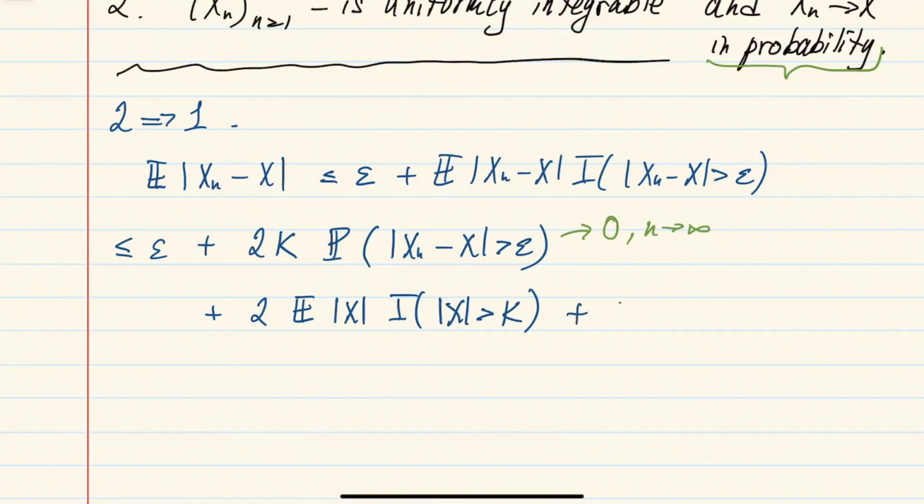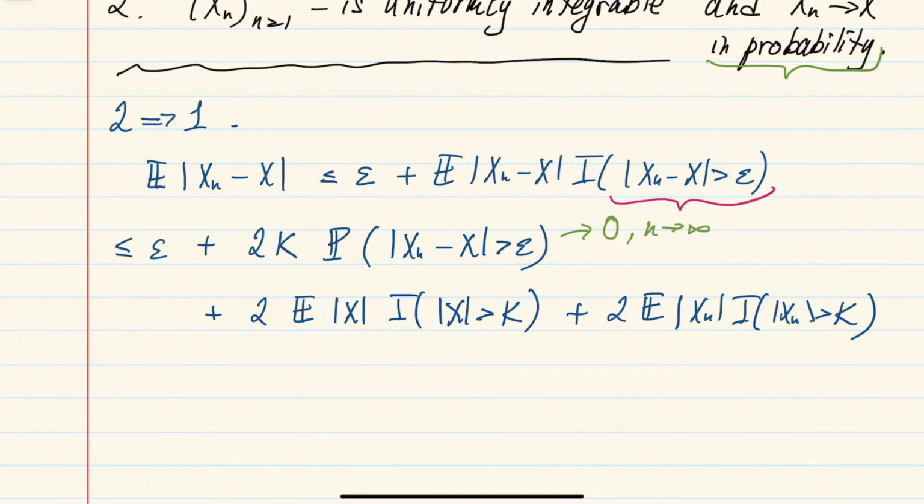Or another possibility is that xn is bigger in absolute value. Then the difference is bounded by twice xn. And again, the indicator that one of them is bigger than k means that xn is bigger than k, because it's the bigger of the two. So in both cases, we just omit the indicator that we had before, right?